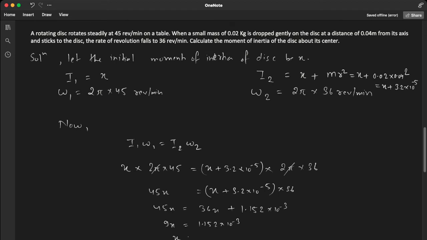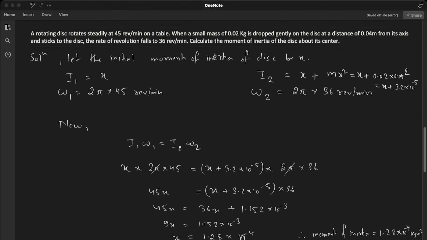So x is given by 1.28 into 10 power minus 4. So therefore, the moment of inertia of the disk is 1.28 into 10 power minus 4 kg meter square. This was the solution of our third question.